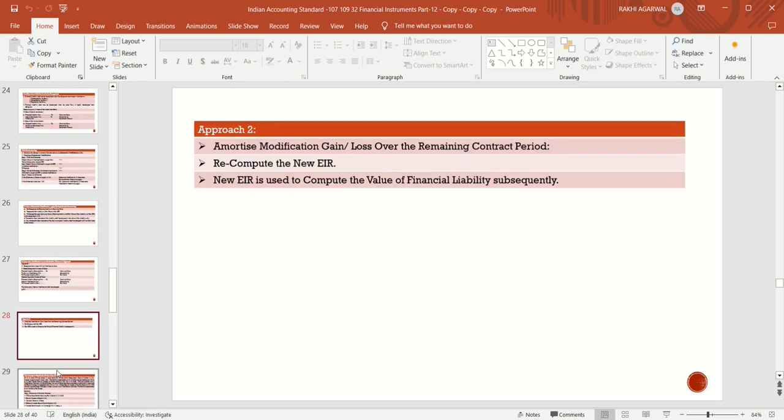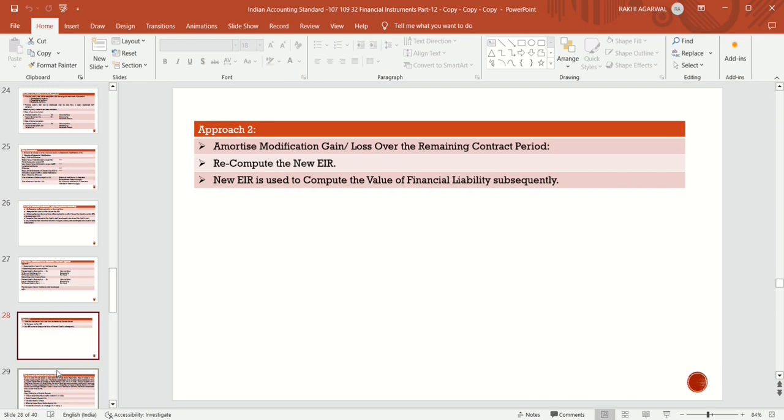There are two approaches. The first approach we have discussed. The second approach is to amortize the modification gain or loss over the remaining contract period. Recompute the new EIR. The new EIR is used to compute the value of the financial liability subsequently.